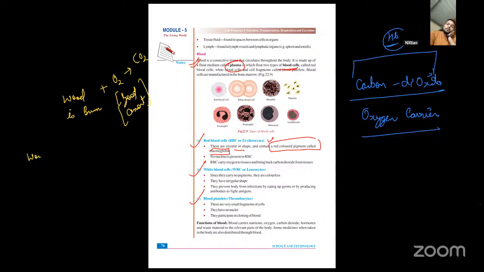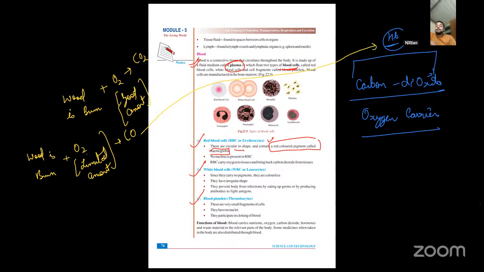But when wood or coal or anything is burned in a limited amount of oxygen, then carbon monoxide is formed. And this carbon monoxide has more affinity than carbon dioxide and oxygen. It means hemoglobin loves carbon monoxide more as compared to oxygen and carbon dioxide. So if there is a closed room, there is a lot of carbon monoxide, and we will inhale that and hemoglobin will make a bond with it.